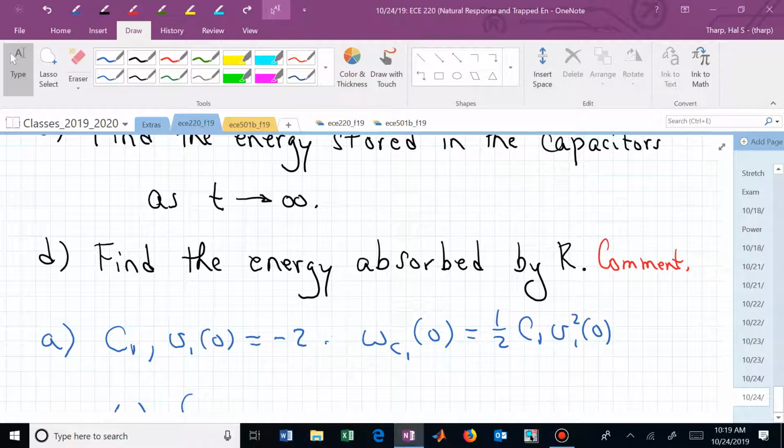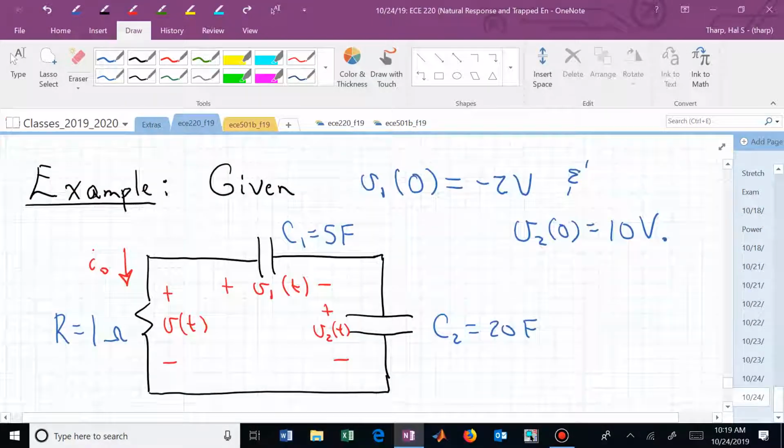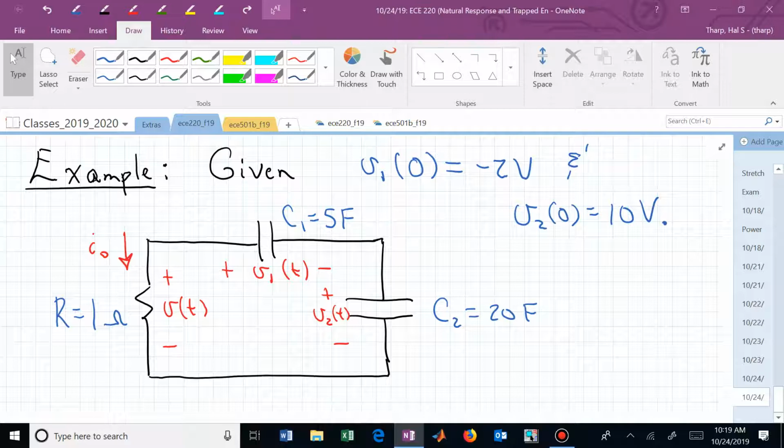But we can immediately find the energy stored in A, correct? Then, what do we do? Well, what we're going to do is we're going to find the equivalent capacitance. We can combine those series capacitors into an effective capacitor. We know their initial voltage. What's the initial voltage across the two extreme terminals of that capacitor? 8.